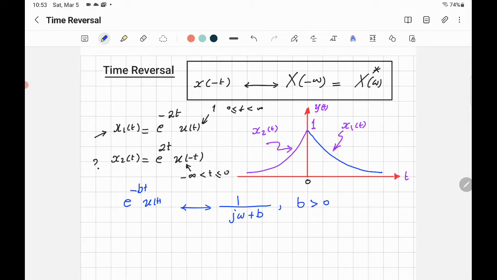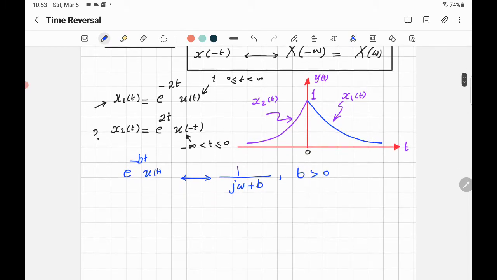If you apply this to x1 of t and compare both expressions, you will find that b is equal to 2. So now X1 of omega will be equal to 1 over j omega plus 2. That's X1 of omega.